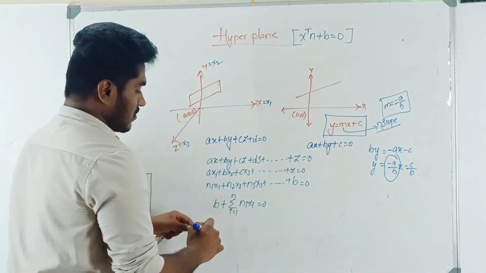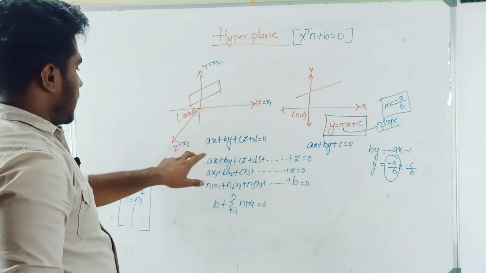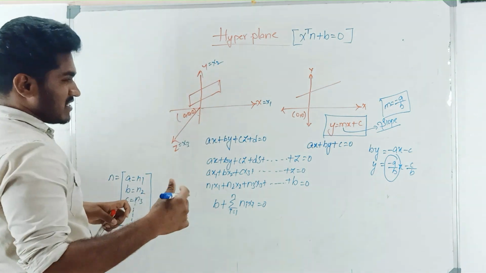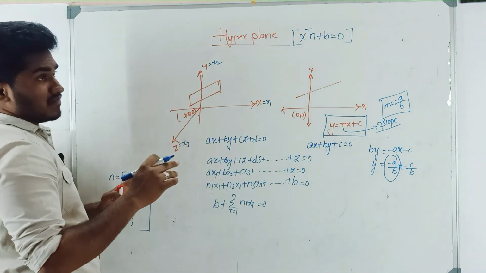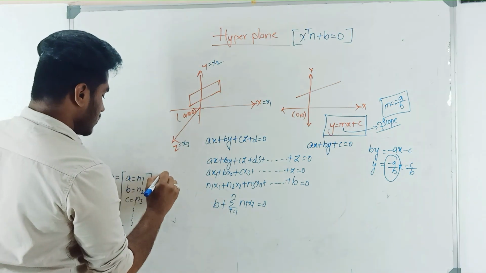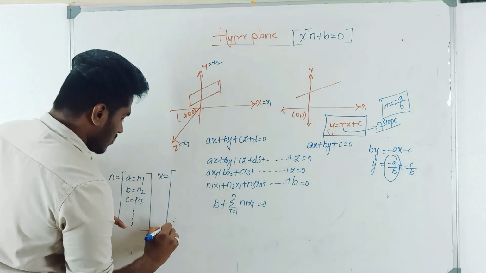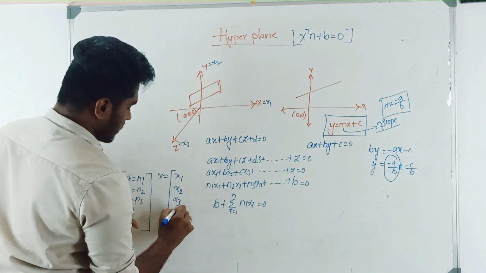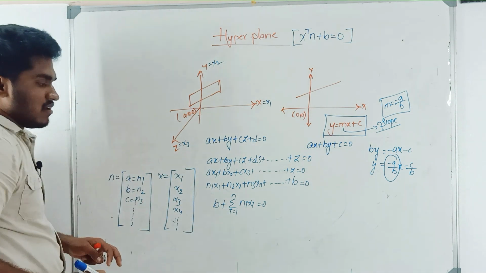So this is how it's mentioned over here. Here also the dimensions I am going to form as one vector. Basically these dimensions are in a vector, right? So x equals x1, x2, x3, x4 and so on.